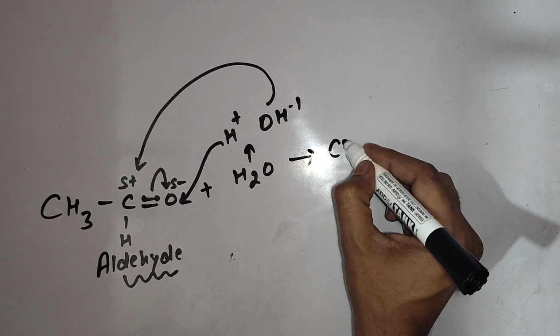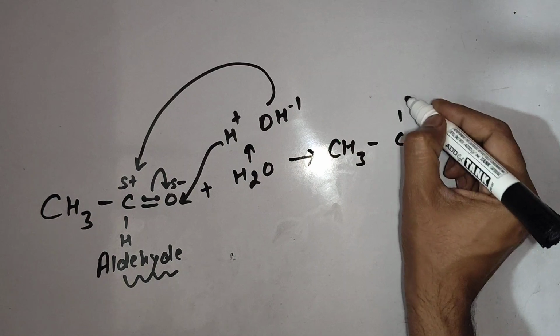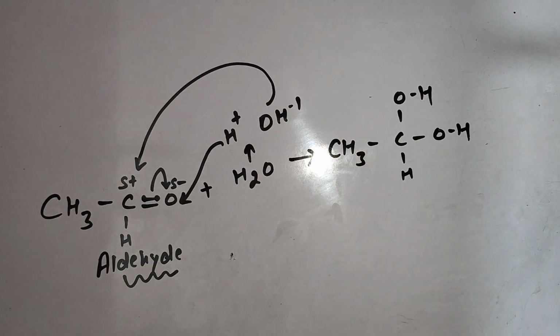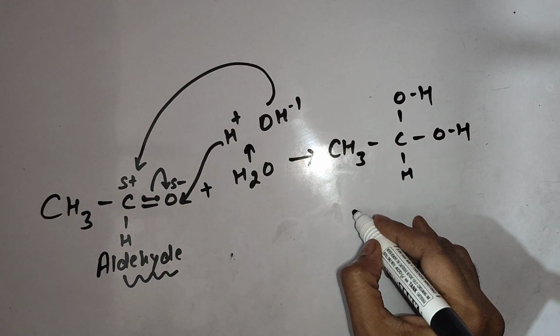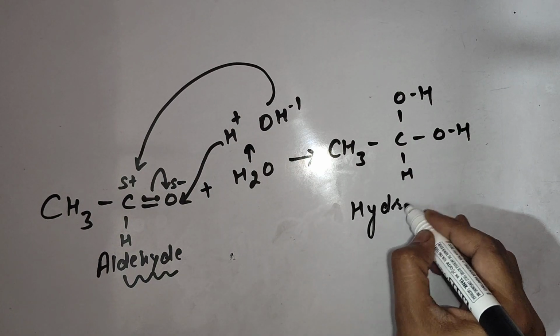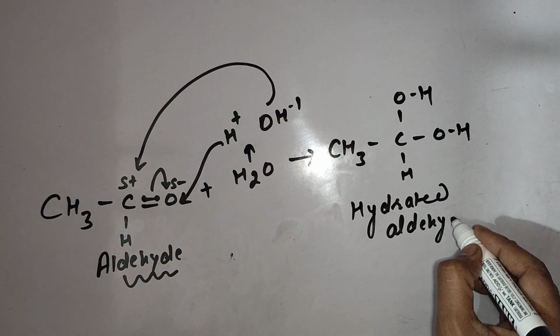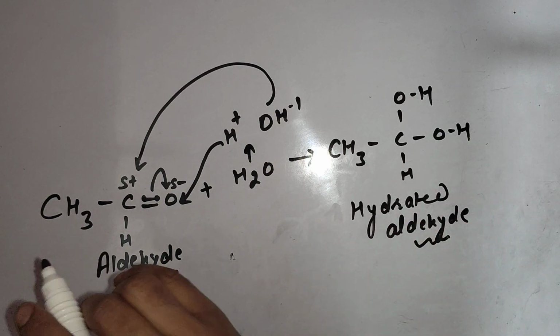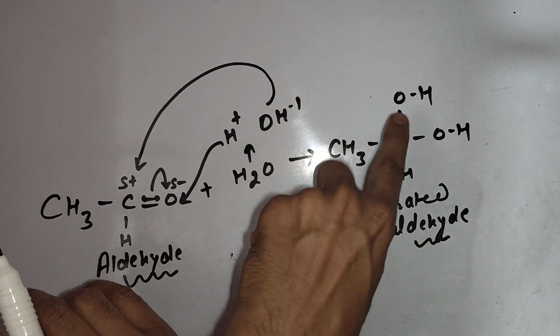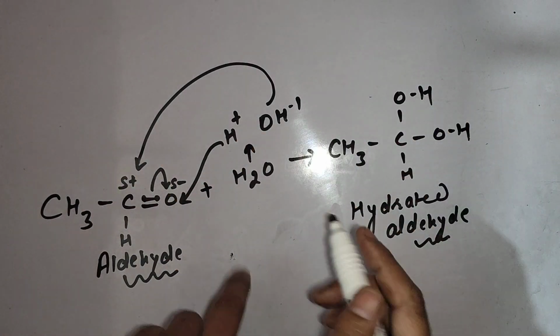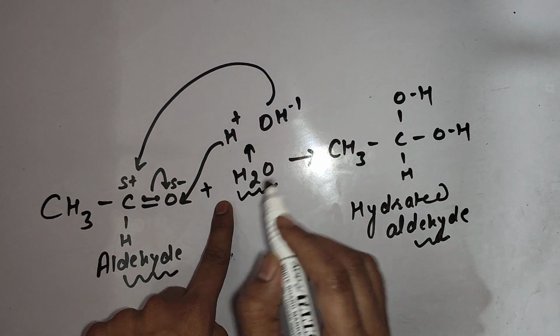So here we have a generation of this compound. We call it hydrated aldehyde. And we know it is highly unstable because carbon is carrying 2 OH groups, highly unstable. But it is getting generated because a lot of water molecules are available.